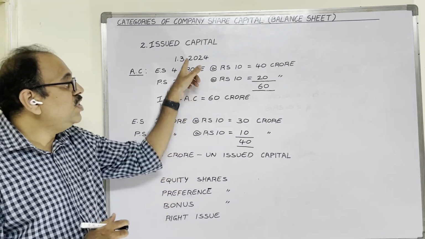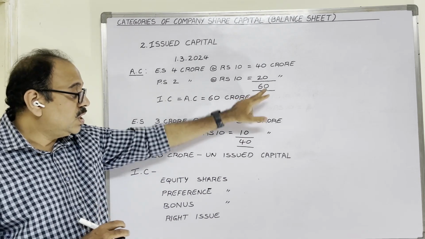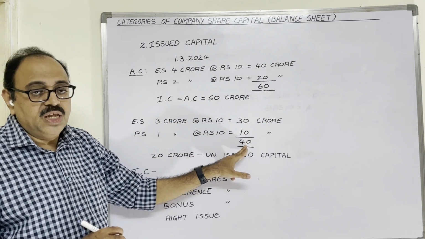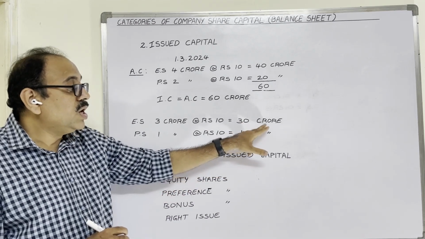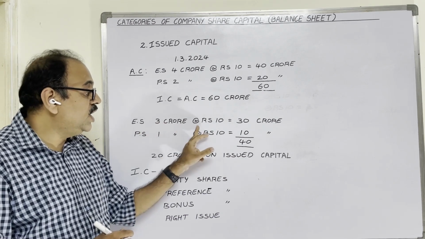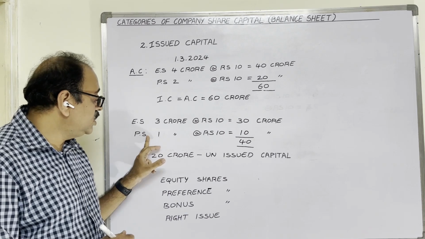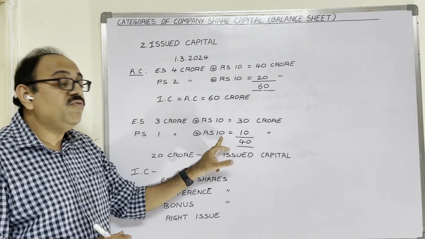Assume that after incorporation, out of the 60 crore, the company wants to collect 40 crore rupees. Of this 40 crore, 30 crore the company wants to collect by issuing 3 crore equity shares at the rate of 10 rupees each, and 10 crore by issuing 1 crore preference shares at the rate of 10 rupees each.